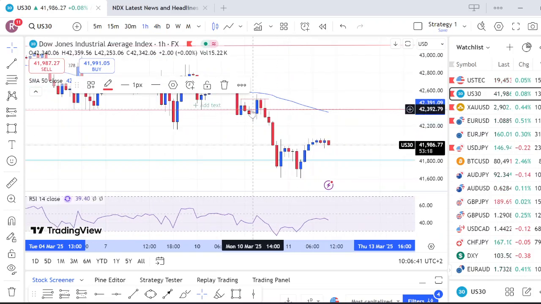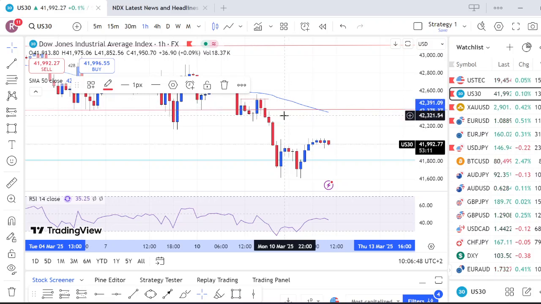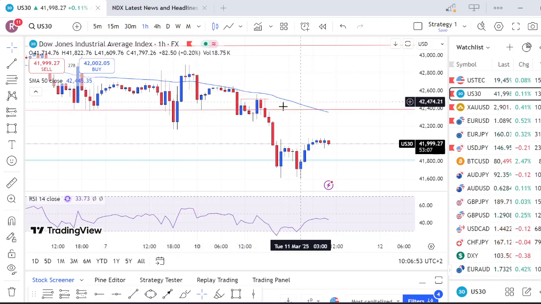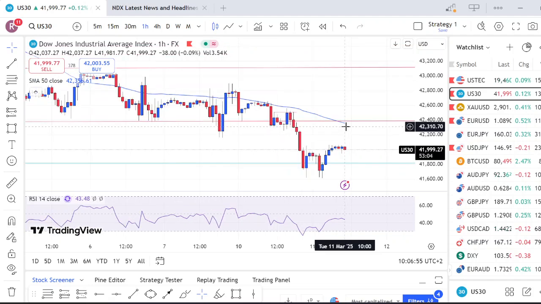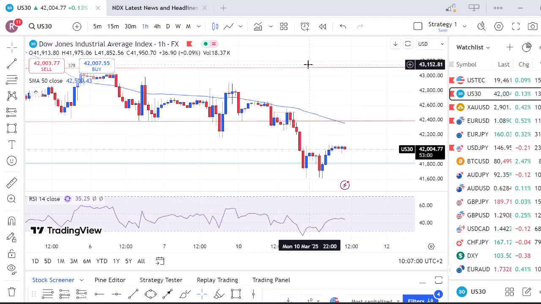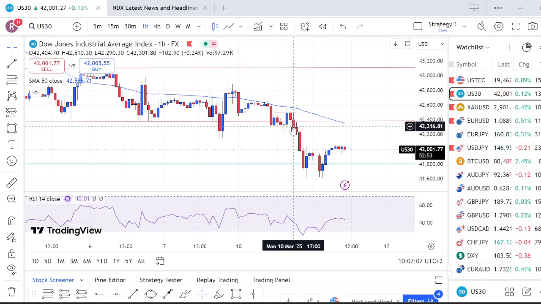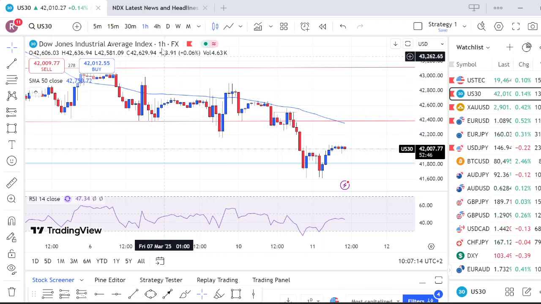We did have a bit of a consolidative phase here between 42,500 and 42,320, but ultimately the bears won over and we continued moving bearish. At this time, I thought that price would have changed direction and moved to the upside, but of course, we need to respect the zones which we see, and this zone clearly was respected, and then we were provided with a bearish signal on the 1 hour at around 5 o'clock.